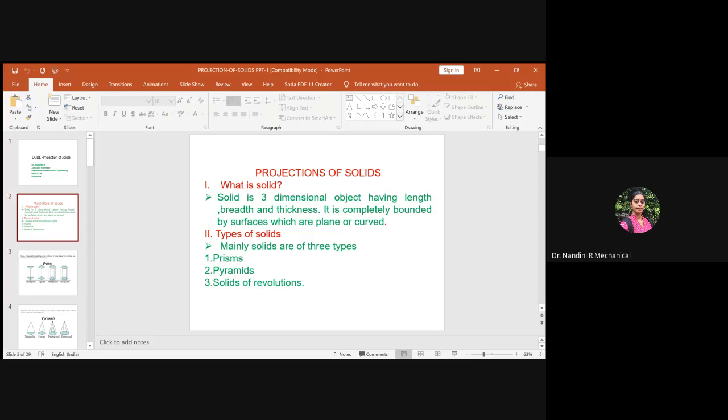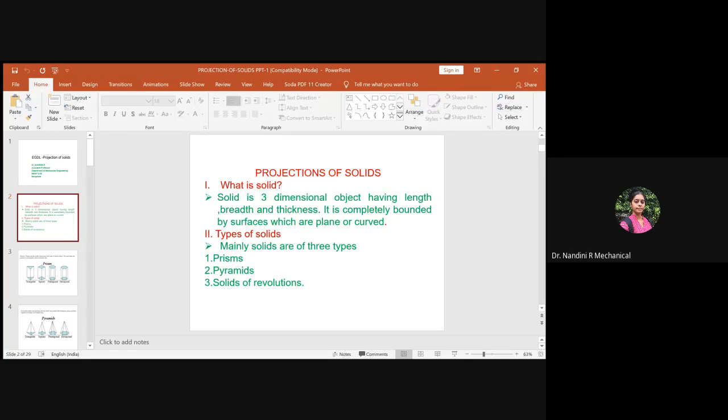Before that, you should understand what you mean by a solid object. A solid is a three-dimensional object which has all three aspects: length, breadth and thickness. And these three constraints will be bounded either by a plane or a curved surface.